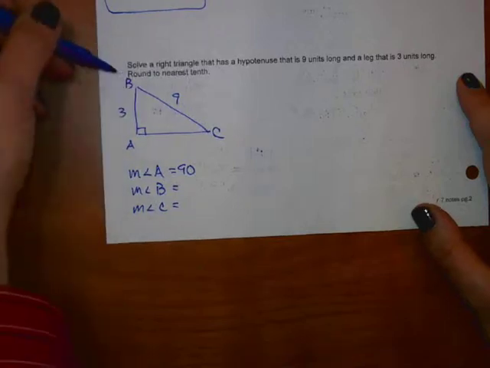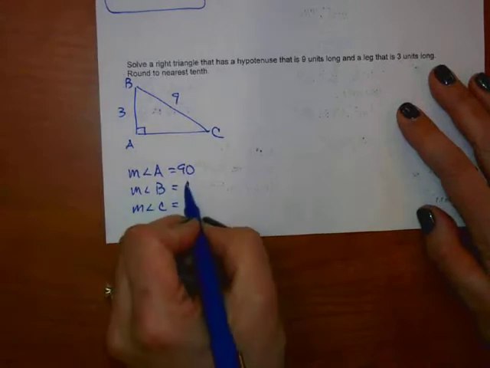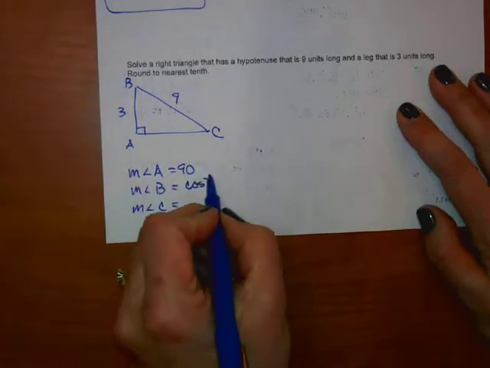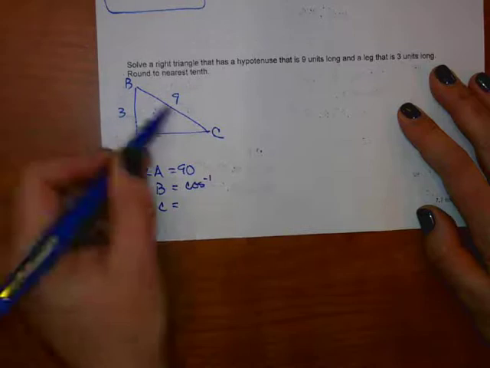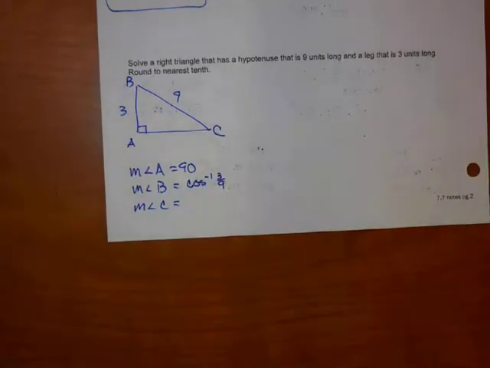So I'm going to say this is equal to the inverse of the adjacent over the hypotenuse, 3/9. Right? And then you can just put that right on your calculator and find out the angle measure. If you know the ratio, you can get the angle measure using the inverse. So you can put that fraction in parentheses.